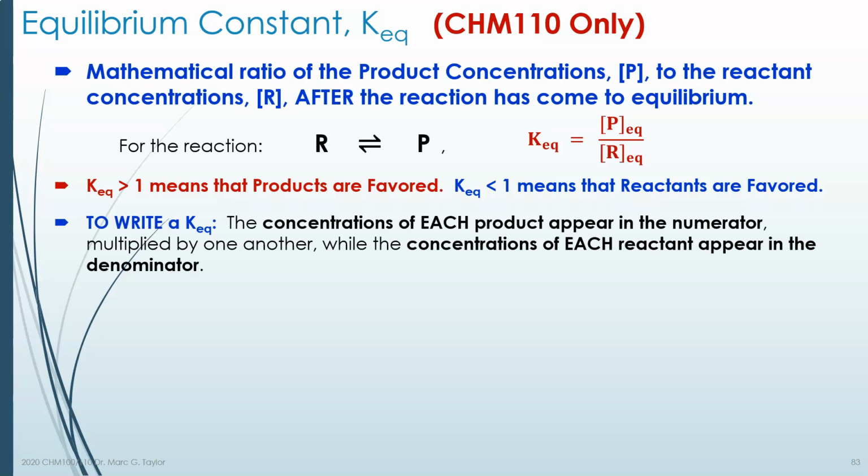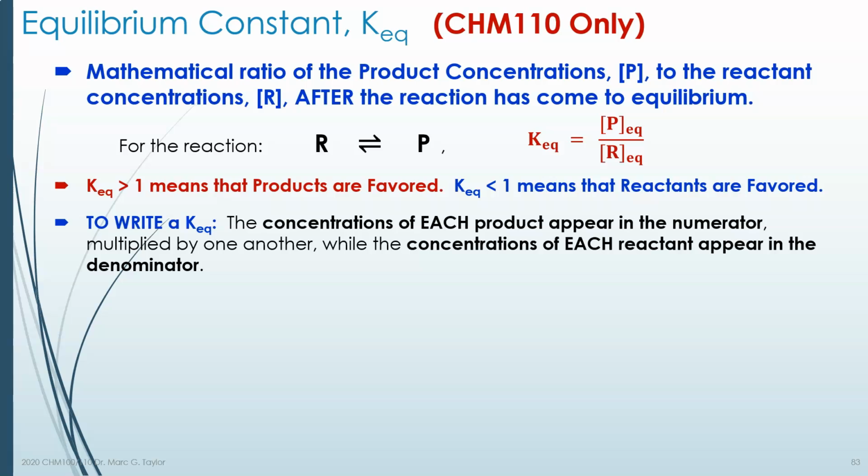So to write a KEQ, you write the concentrations of each product in the numerator. So if you have more than one product, you put all of them in the numerator, in the top of your ratio. And you're going to multiply those concentrations together.